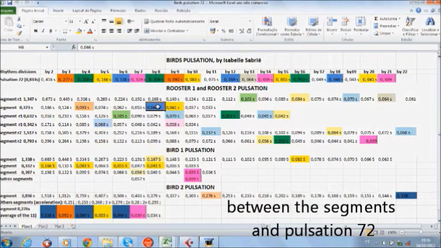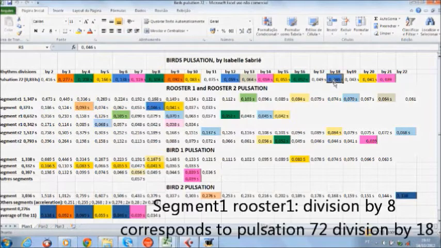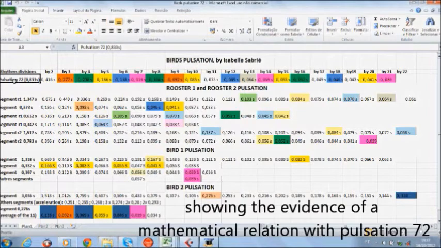For example, here, the segment 1 of the rooster 1, on the 8th division, has the duration 0.046, which is exactly 0.046, the division by 18 of the pulsation 72. So we have an exact correspondence between this segment and the pulsation 72.